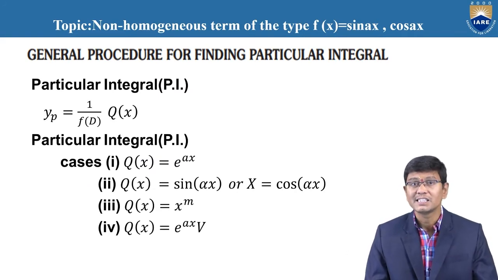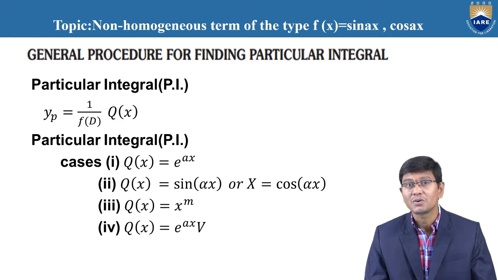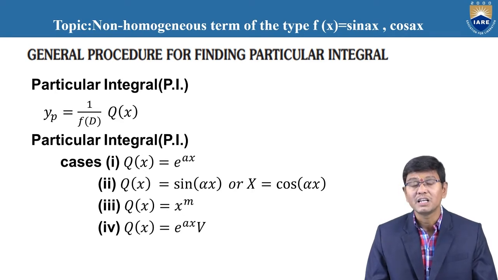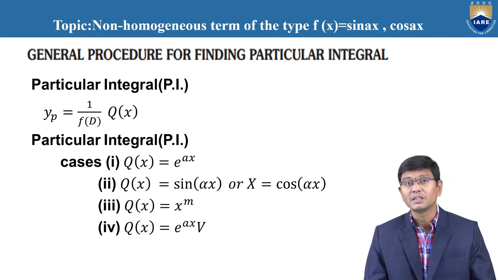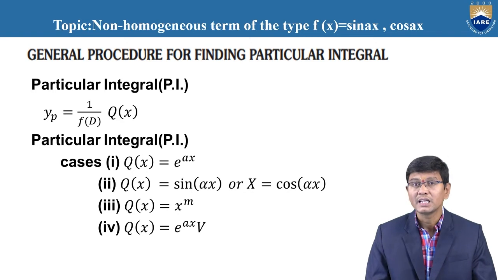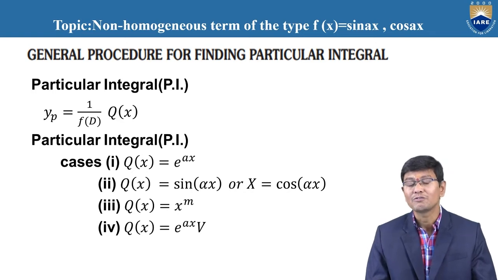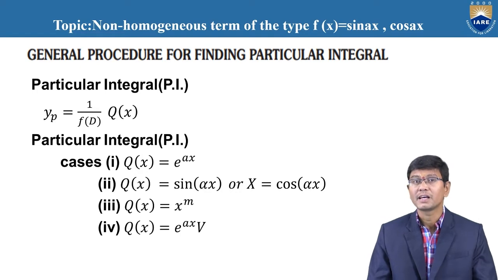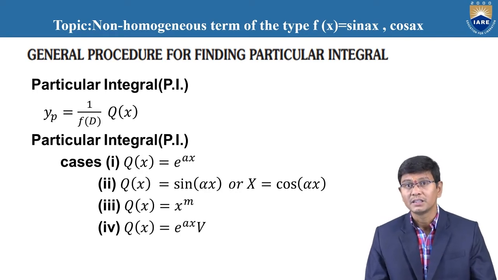The particular integral is what we find whenever q of x in the given equation is some function, and we need to find the solution. We assume y particular integral, yp, is equal to 1 by f of D into q of x. Observing q of x, there are four cases available.